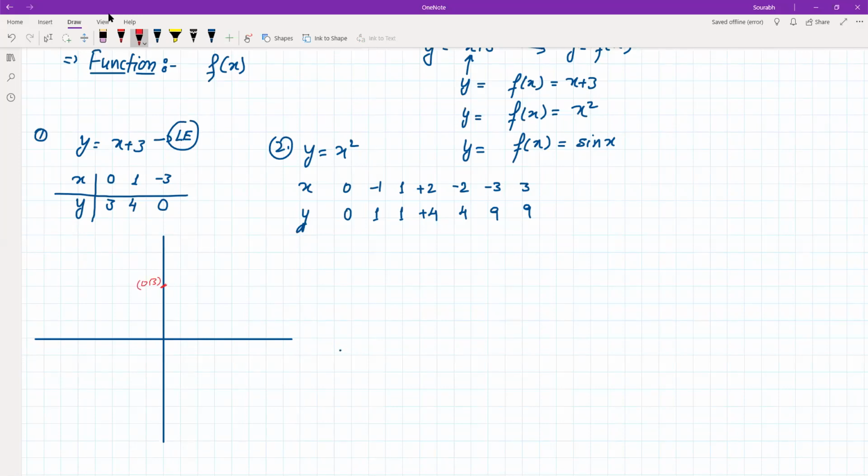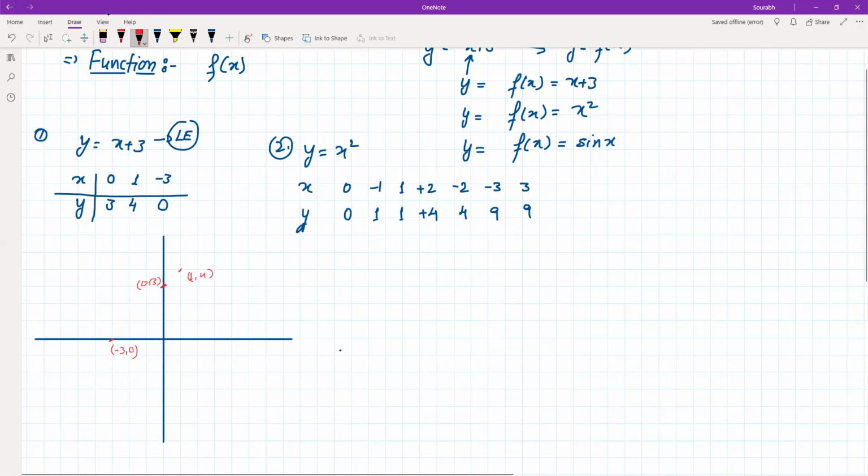Then when x is 1, y is 4. So this is 1, 4. And when x is minus 3, y is 0. That means this is the point, -3, 0. Right?